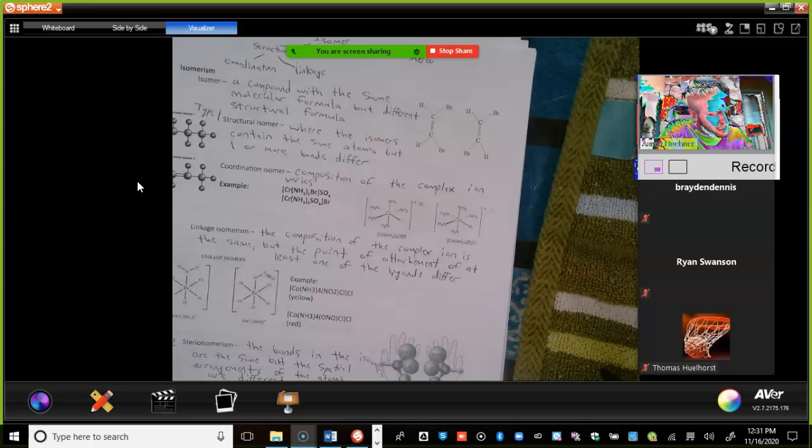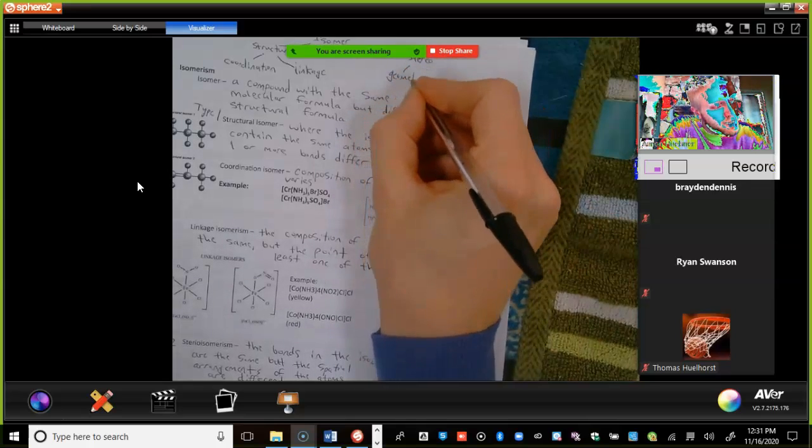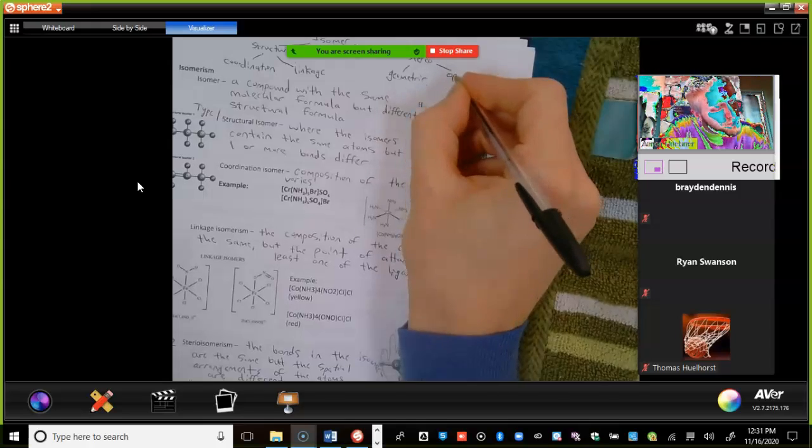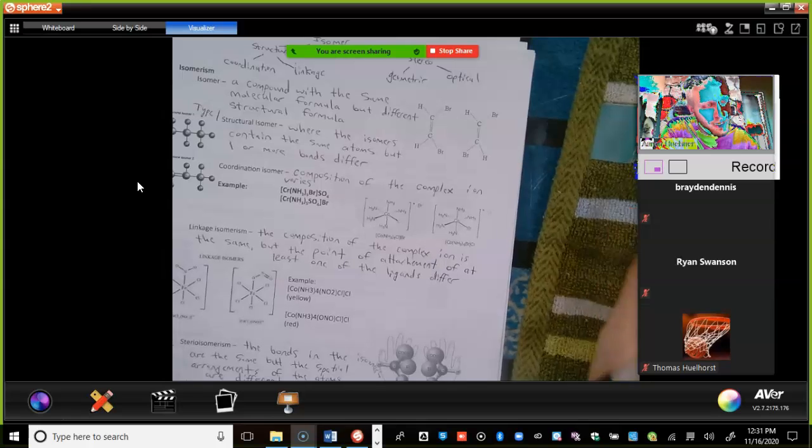Alright, so that's stereoisomerism. Okay, so we got a couple of types: geometric and optical. You're not going to be assessed too much on stereoisomers. Actually, probably not at all in this unit.